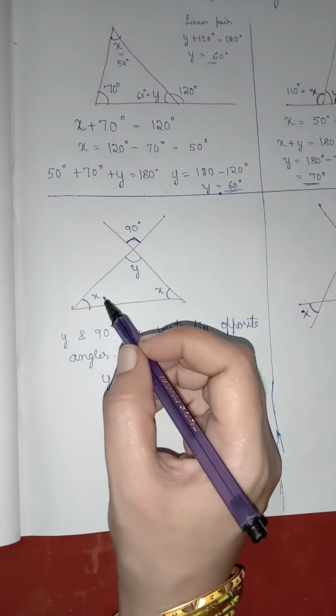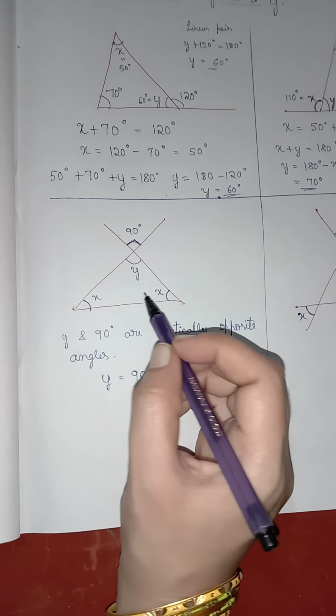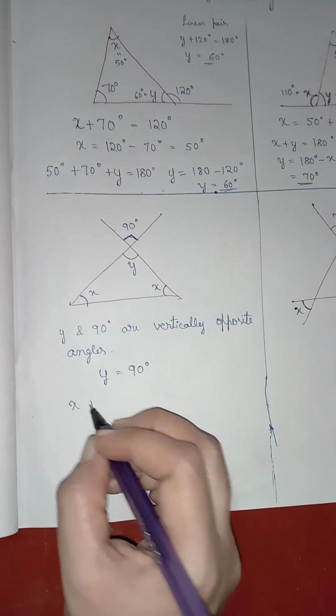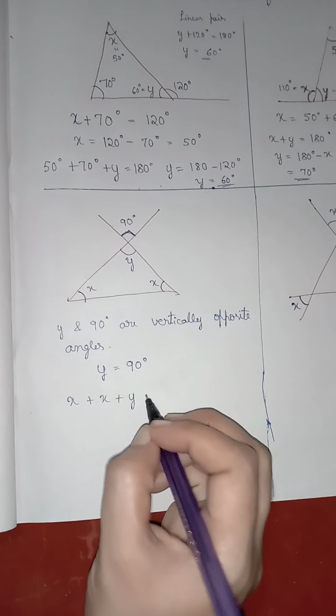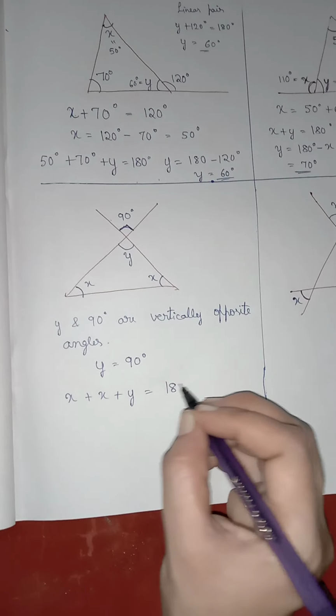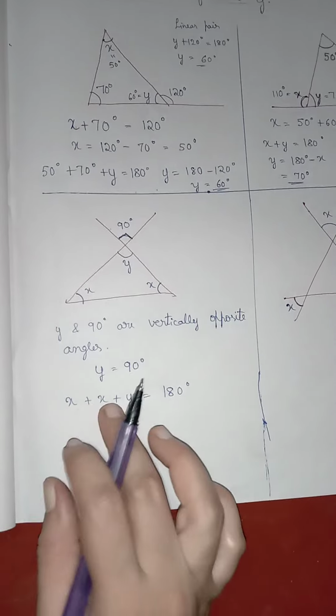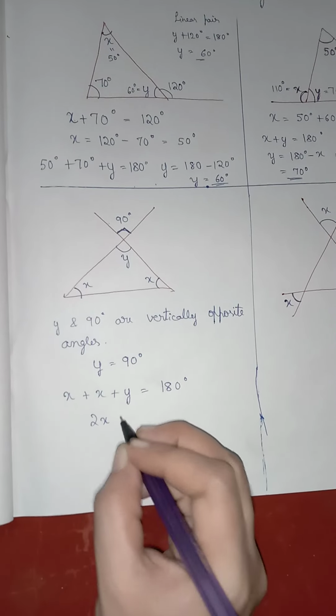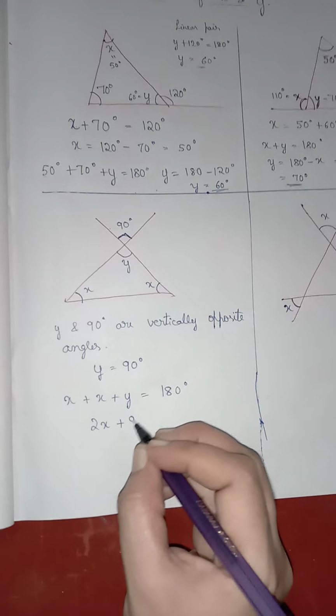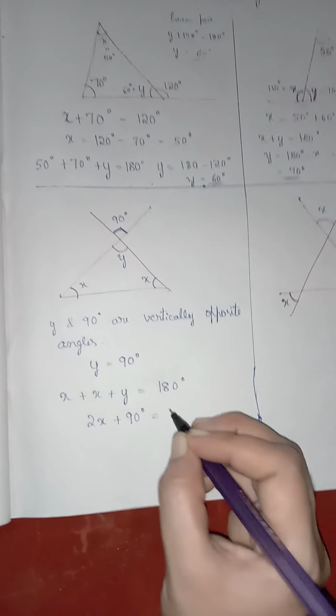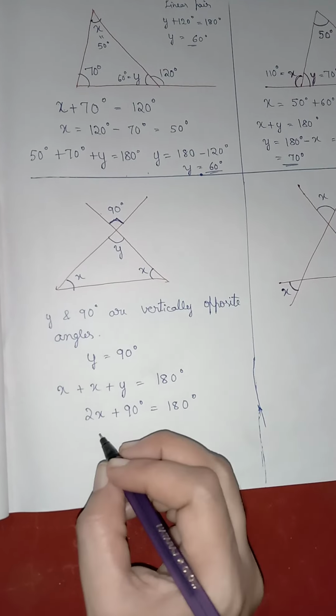Now you can calculate x. See, the sum of three angles is equal to 180 degree. Now x is nothing but 2x. 2x plus y, which is 90 degree. 2x plus 90 degree equals 180 degree.